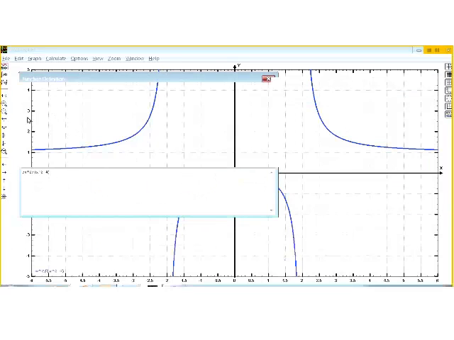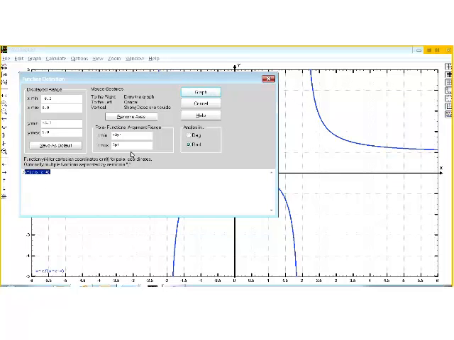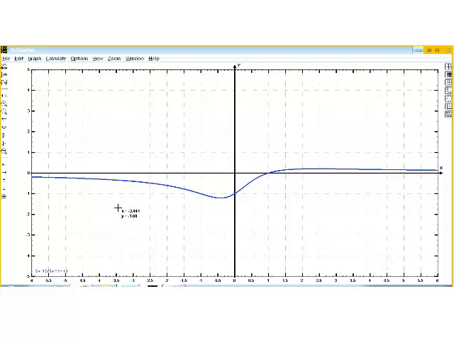So the function was x minus 1. It's actually t, but the graphing program will only take x as the variable. So we have x minus 1 over the quantity x squared plus 1. We graph it, and there we go.